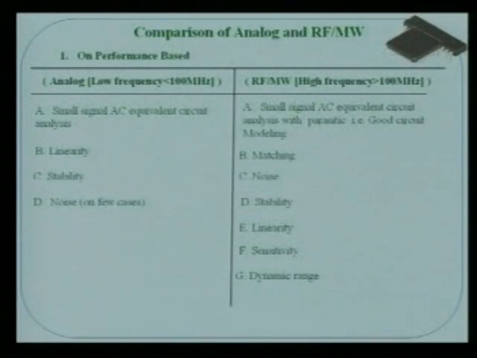You have used it for common emitter amplifiers or common source applications. You have used the hybrid-pi model, right? So you have used the small signal AC model. Then you have talked about the linearity of the systems, that is, compared to the input signal levels, up to what extent the devices are linear. Then we talked about stability: for an oscillator, and even for an amplifier, whether the system is going to be stable or unstable.